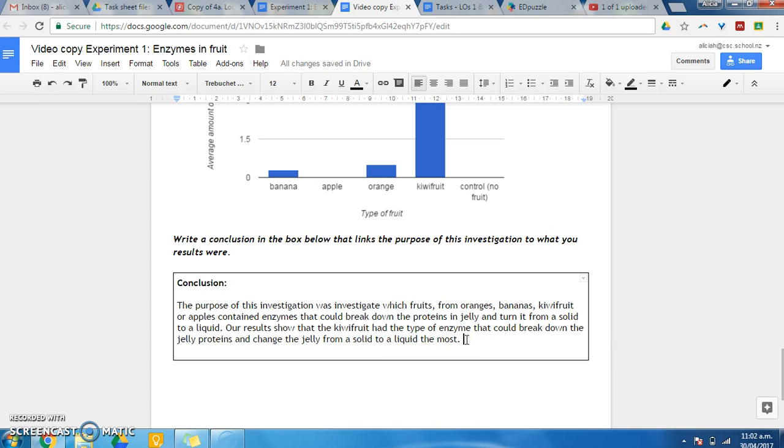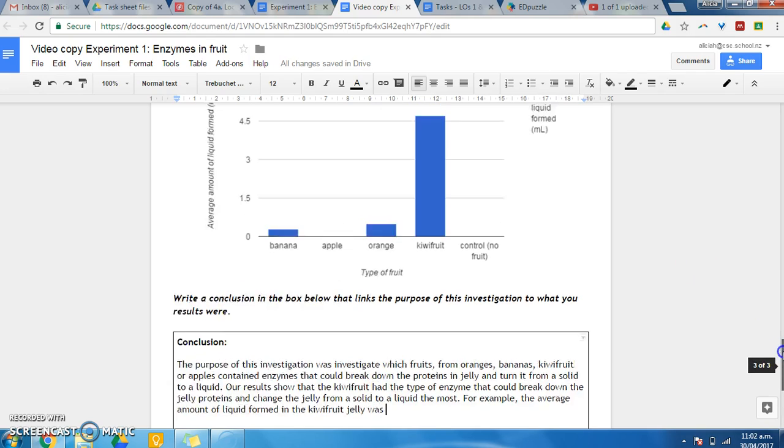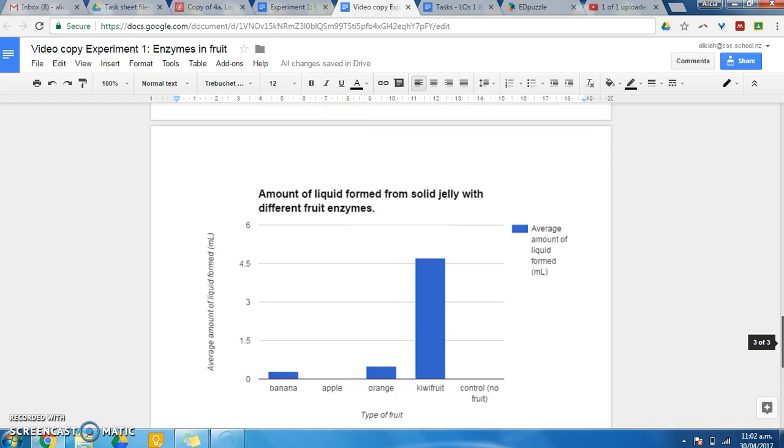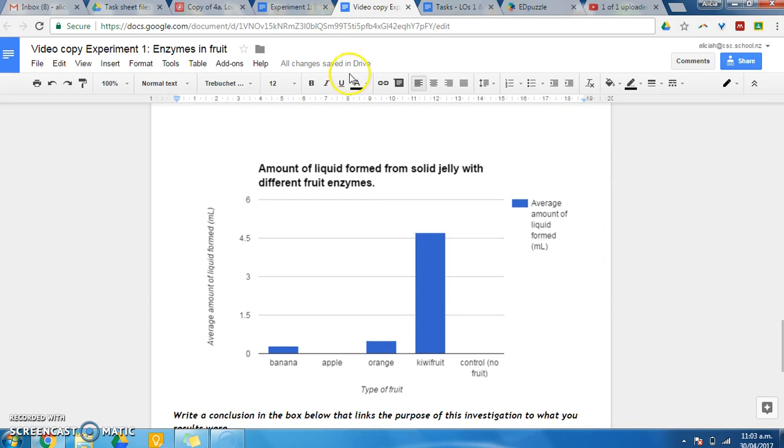Okay, so we can say, for example, and include some of our results. The average amount of liquid formed in the kiwi fruit jelly was, if we look back at our graph, 4.6, I think, from memory. It's not on that one.